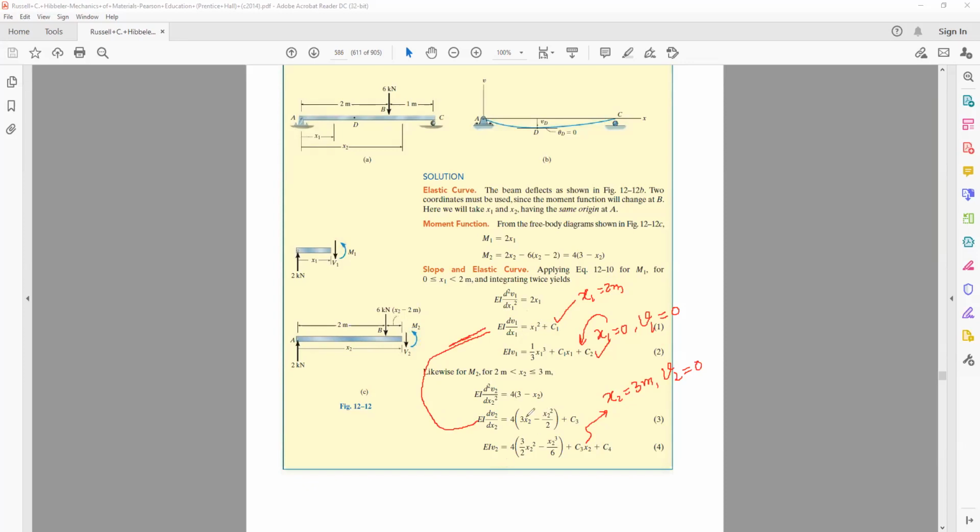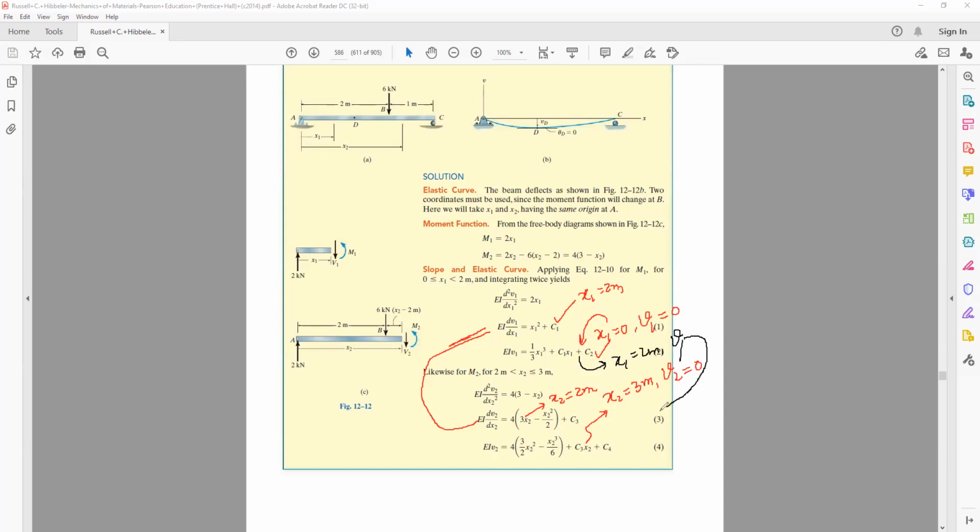When you substitute in place of x2, you will substitute x2 is equal to 2 meter. Fine, so this is the third condition. And where we'll be applying the fourth condition is very important. The fourth condition will be applied in this very equation. We'll say that the value of x1 is equal to 2 meter, and you will get the value of deflection nu1.